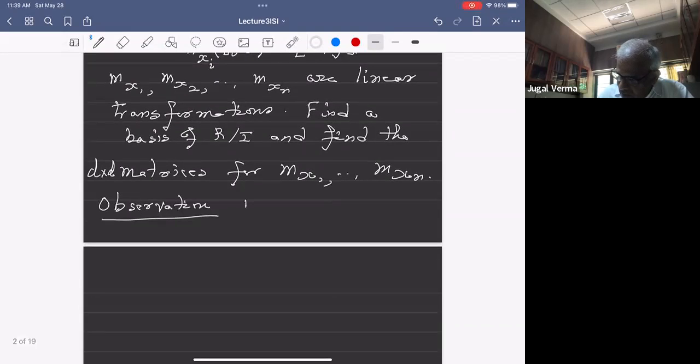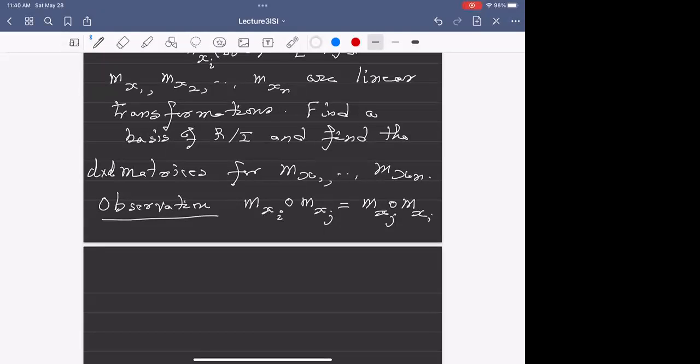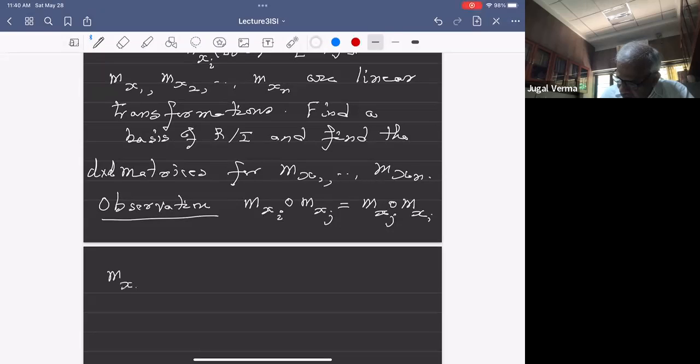These linear transformations, MXi composed with MXj is the same as MXj composed with MXi. Just calculate the left-hand side. MXi composed with MXj acting on a residue class of a polynomial f is equal to the residue class of Xi Xj f.